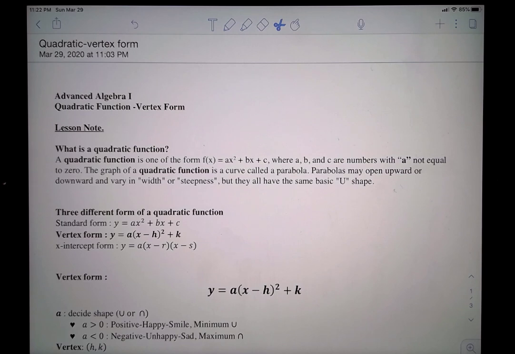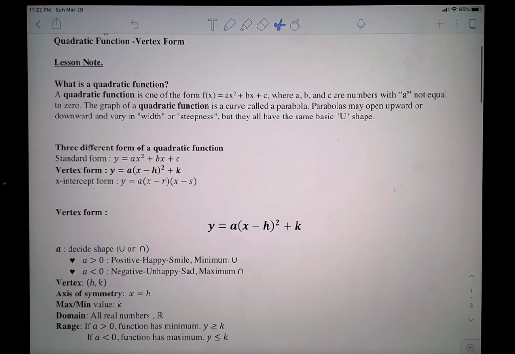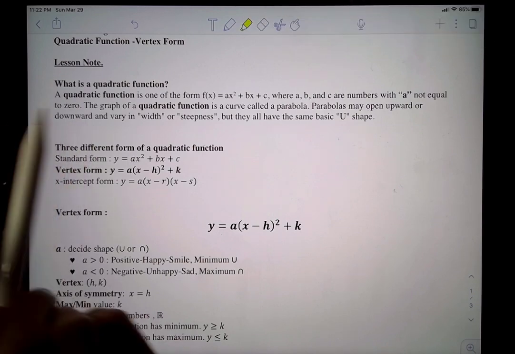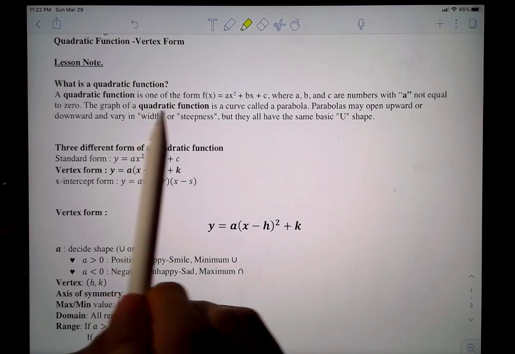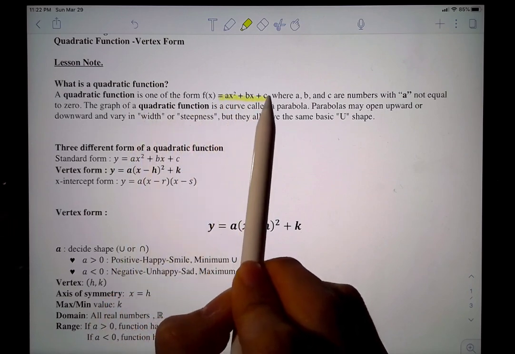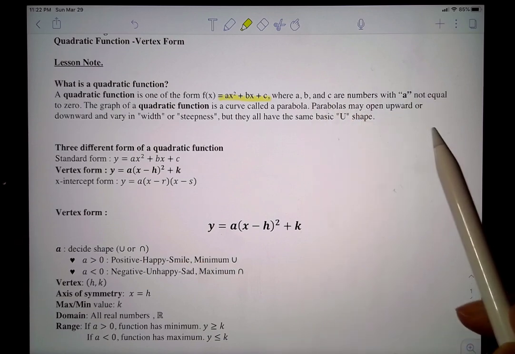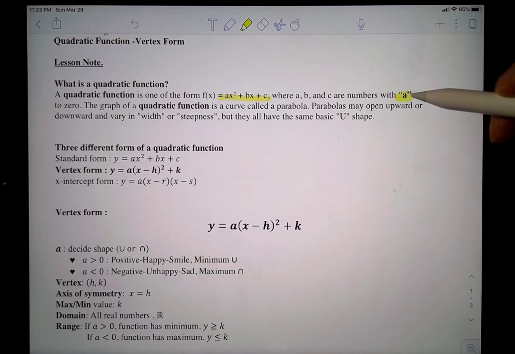Alright, let's start. So today we will do quadratic function, especially a vertex form. So let's start with what is a quadratic function. So look at this, here's the definition. So what is a quadratic function? A quadratic function is one of the form f of x is ax squared plus bx plus c, where a, b, c are numbers with a not equal to 0.